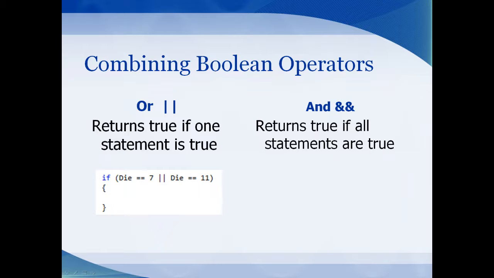We combine the 2 Boolean expressions and say, if the dice is 7 or if the dice value is 11, then you have craps or whatever the game is called. So now on the and side, we're trying to determine if they have snake eyes, and if both values are 1. So we use the AND block. If dice 1 is 1 and dice 2 is 1, then we have snake eyes. Otherwise, it executes false and goes on to whatever else is in your code.